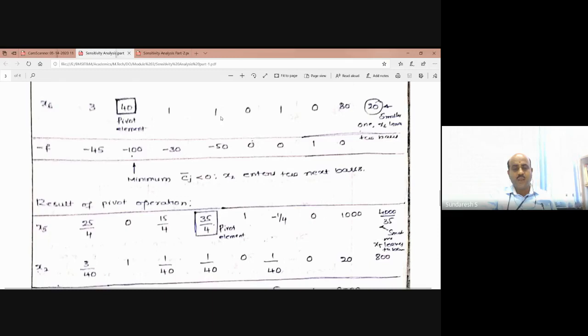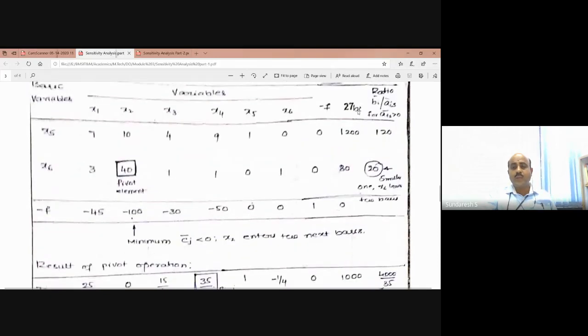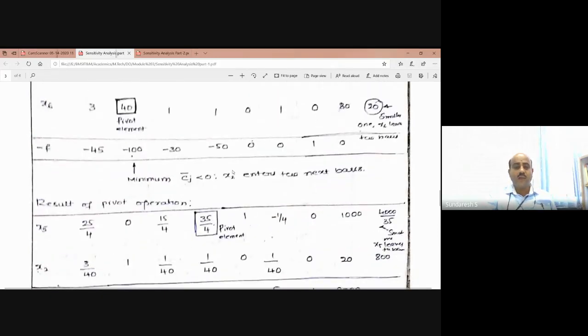Similarly X4, again 1, 1 by 40. X5, it is 0. X6, it is 1 divided by 40, 1 by 40. And the functional value, it is 0. Okay. And coming to the BI value, 80. 80 divided by 40 is 20. Got it? This is how. So just don't fill up the last column over here. It is a ratio actually.